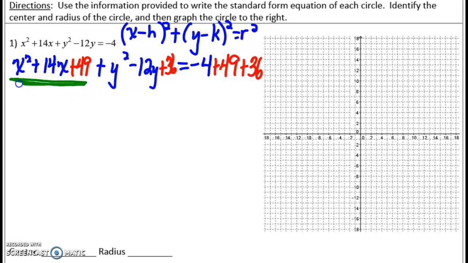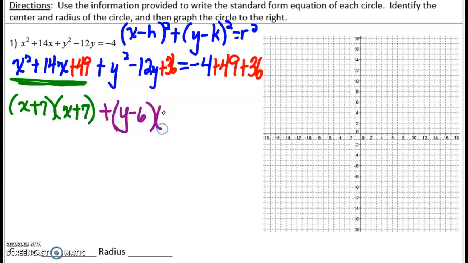So we're going to factor these, and that is going to be x plus 7 times x plus 7. Do the same thing with the y's. It's going to be y minus 6 times y minus 6. We had these three terms we were looking at.